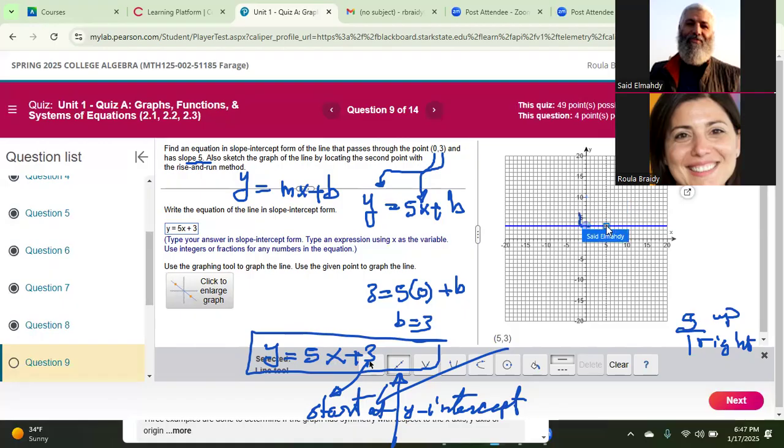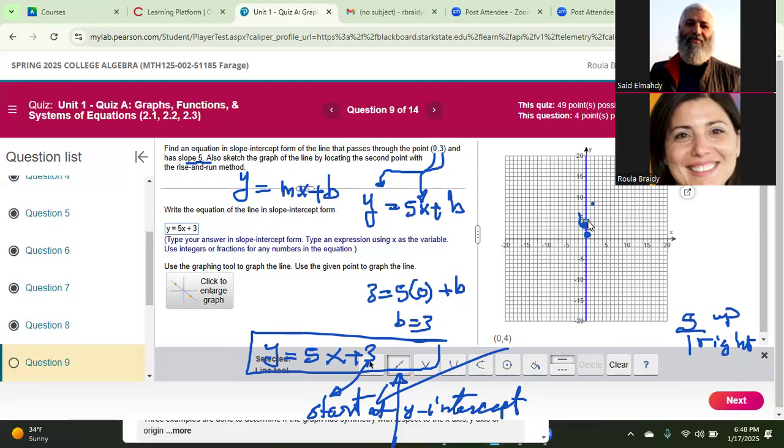From here, 1 is here and 5 is here. This is 3 plus 5, which is 8.